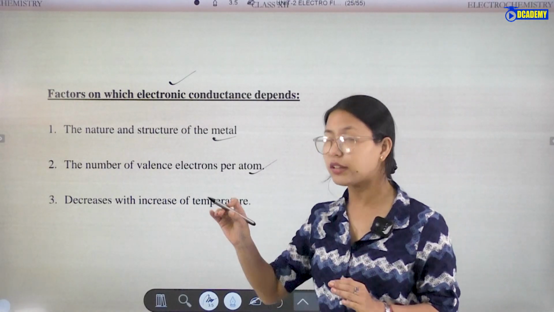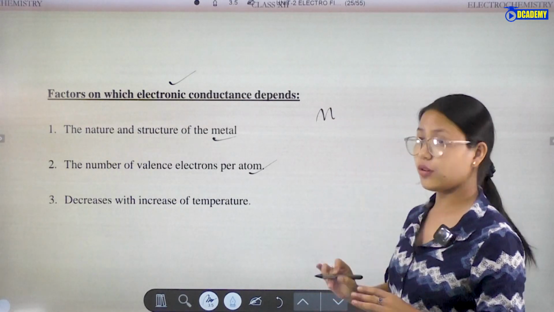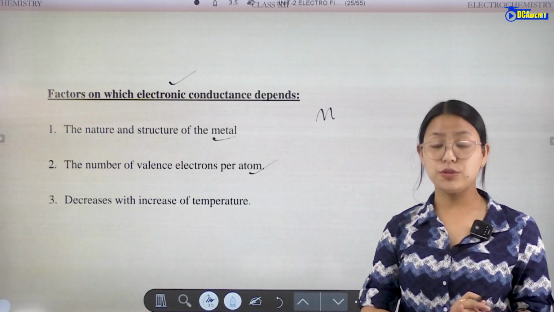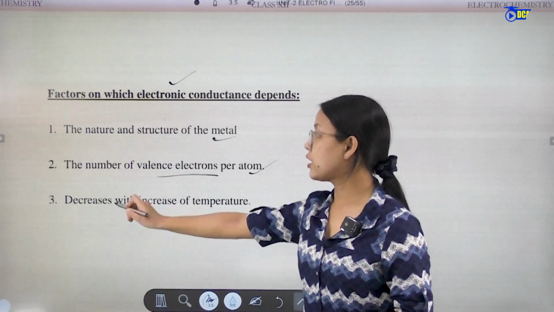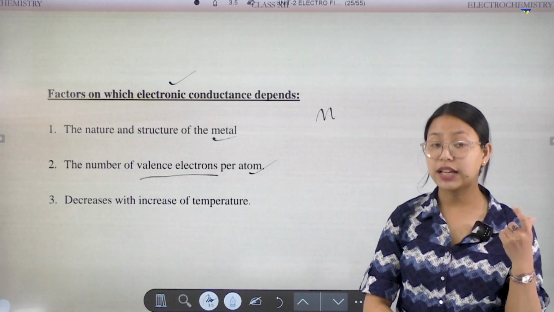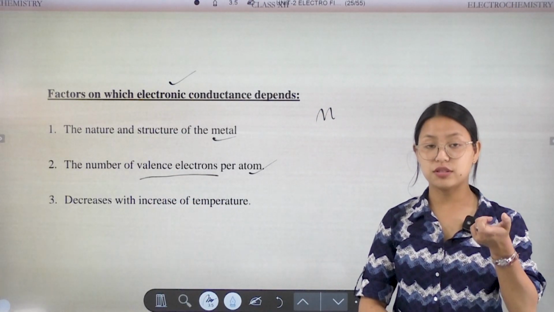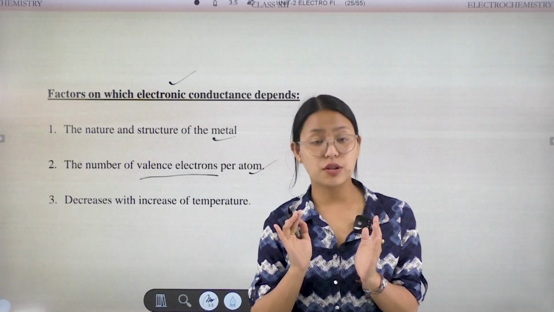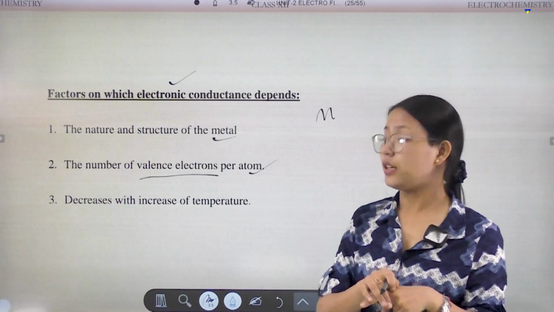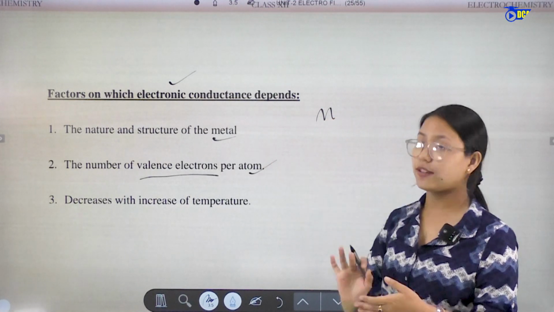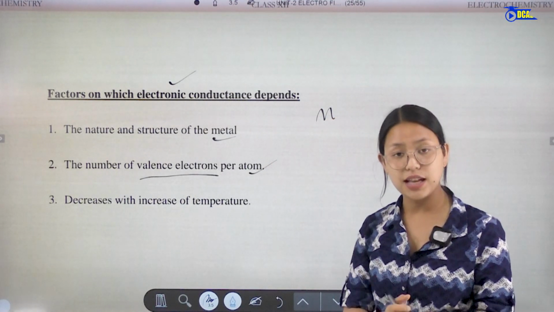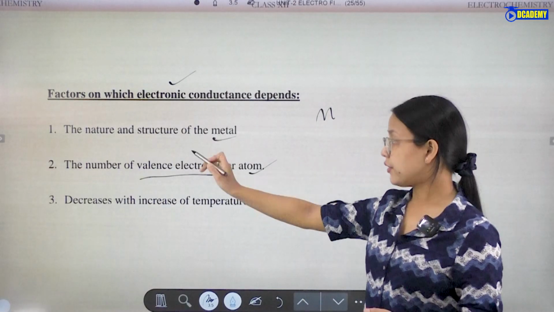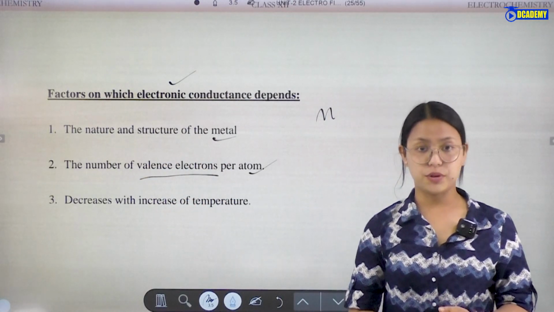Metallic electrons are the valence electrons that are lost away, so that is the main important thing in electronic conductance: the loss of the valence electron is very important.